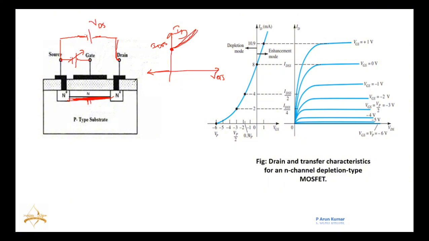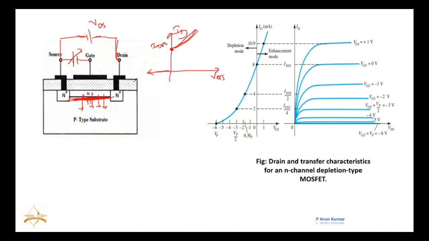Instead of that, if I give the negative direction over here, it means here I'm giving negative, here I'm giving positive, and I'm increasing this one again. It will try to repel the electrons instead of attracting them. These electrons will move away from this channel.